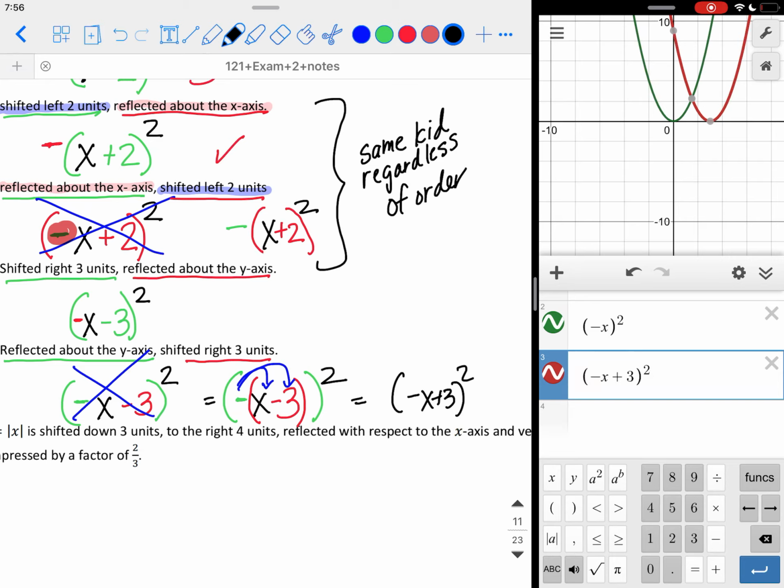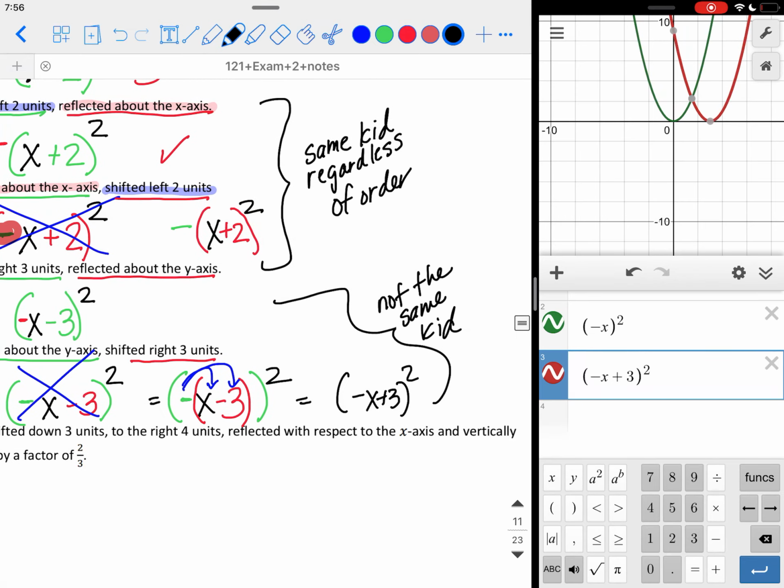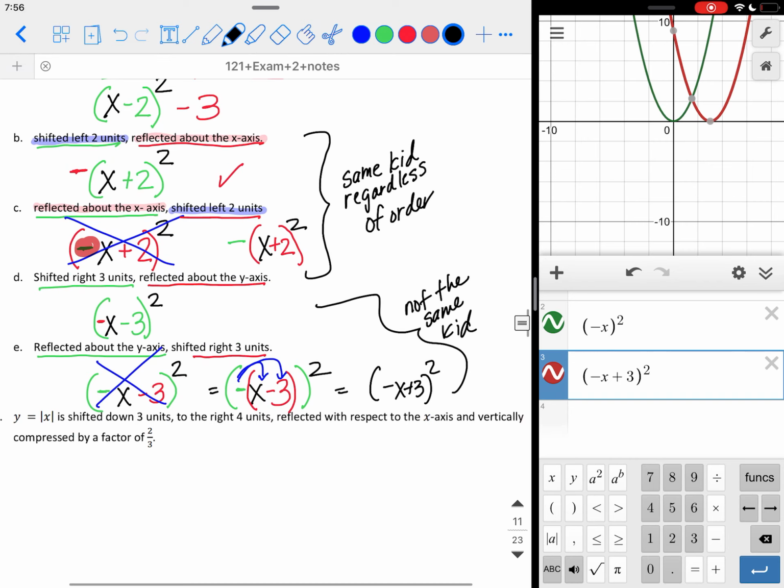So kind of tricky. So here on this one, different kid. So I'm just going to put here, not the same kid, even though we have the same transformations here. So let me highlight them.